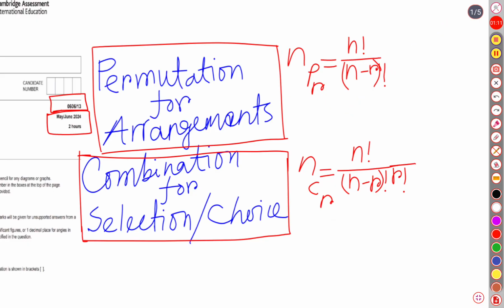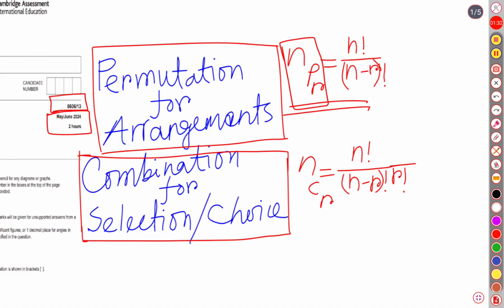Whenever we solve a permutation problem, we will apply nPr, and if we understand that it's a combination solution, then we will apply nCr.